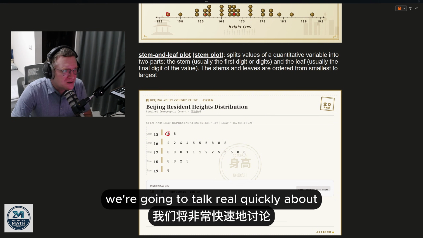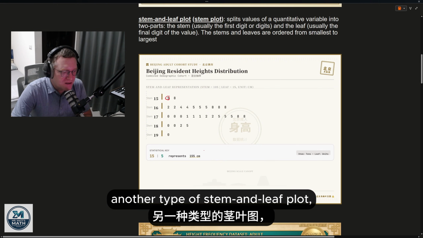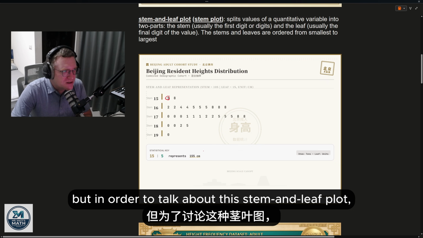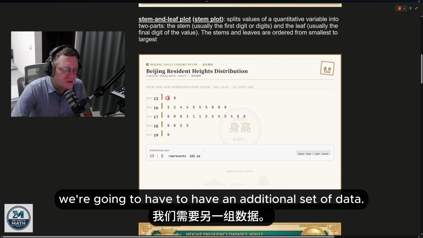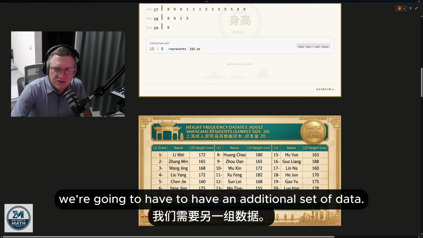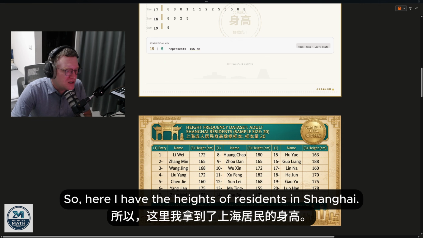Now we're going to talk real quickly about another type of stem and leaf plot. But in order to talk about this stem and leaf plot, we're going to have an additional set of data. So here I have the heights of residents in Shanghai.